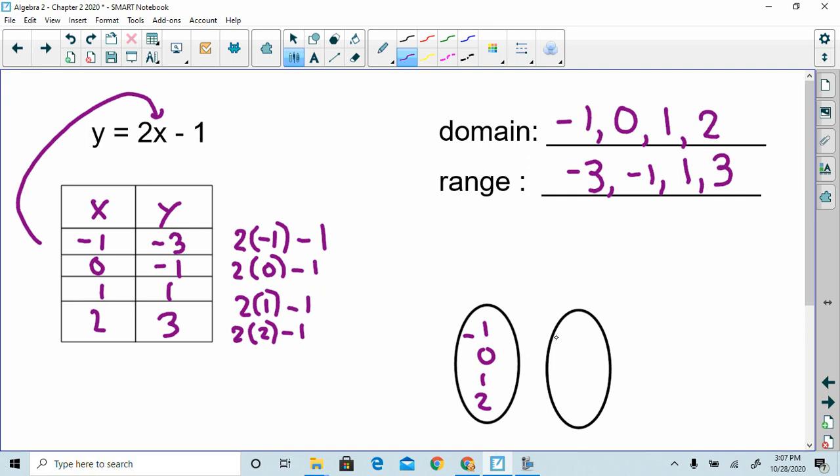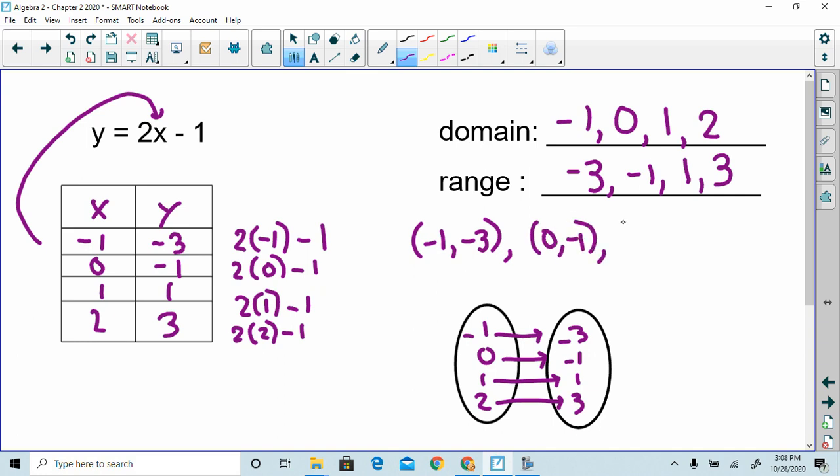I can complete now my mapping. And I see that -1 goes with -3, 0 is paired with -1, 1 is paired with 1, and 2 is paired with 3. I can also write these as ordered pairs. -1 and -3 are paired together, 0 and -1, 1 and 1 are paired, and 2 and 3 are paired.